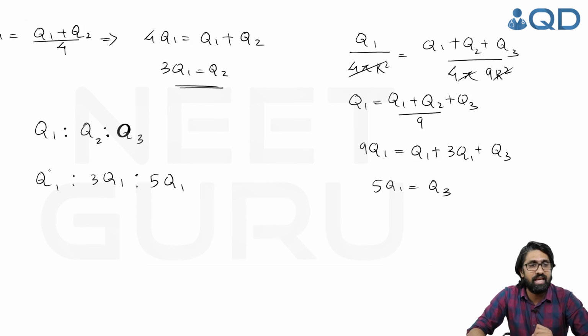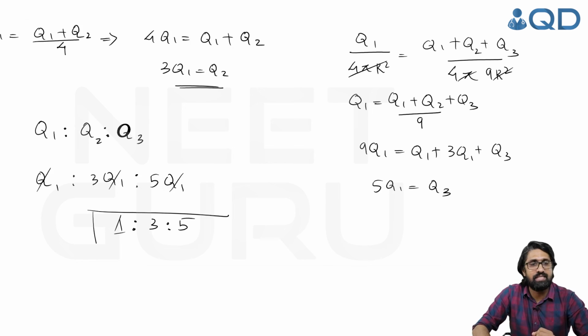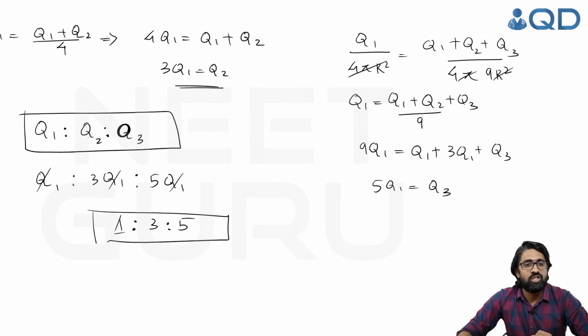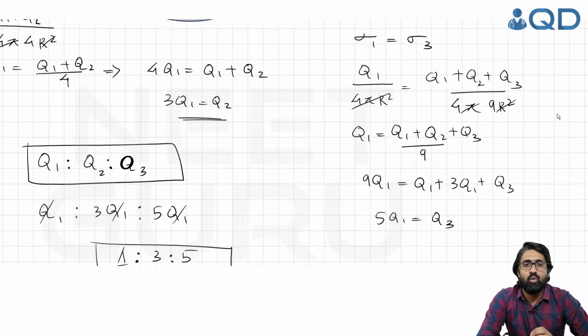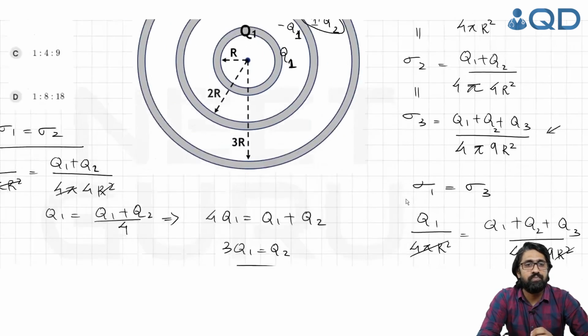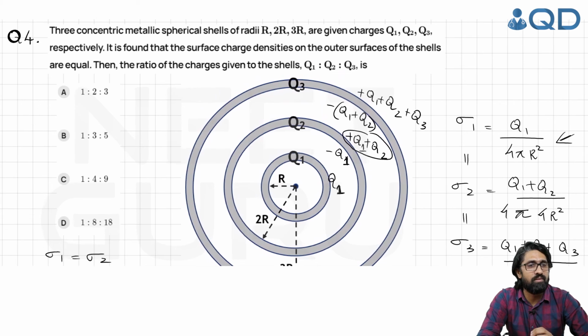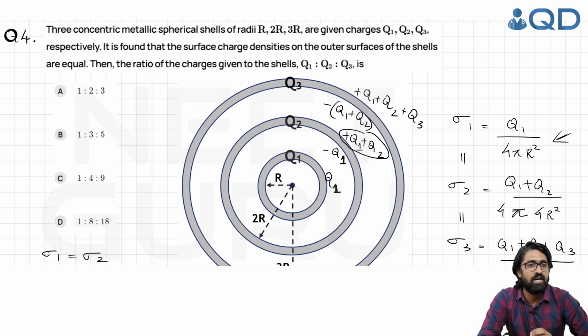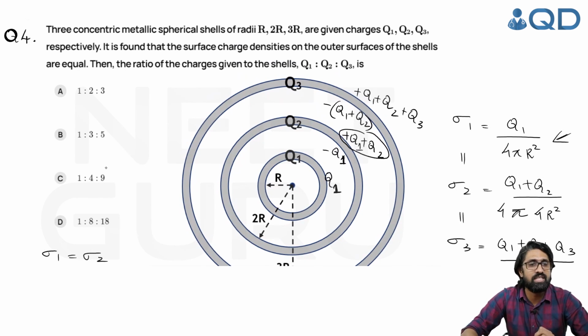So we can strike off q1 from all sides, and then we have 1 is to 3 is to 5 as the ratio q1 is to q2 is to q3. So let's look at the options here, which matches with our solution. The correct option here will be 1 is to 3 is to 5. So option B is the correct answer.